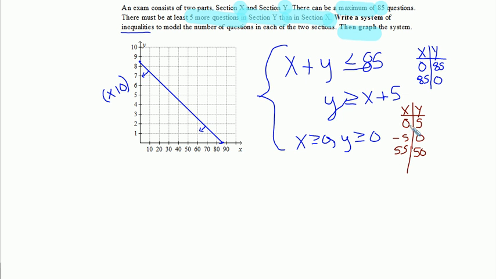So let's plot these 2 points, 0, 5, and 50, 55. So 0, 5, if that's 10, 5 is going to be halfway or about right here. And 50, 55 should be about right halfway between the 5 and the 6, which represent 50 and 60. So let's go ahead and draw that line.